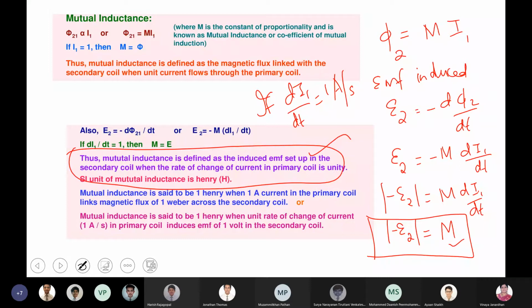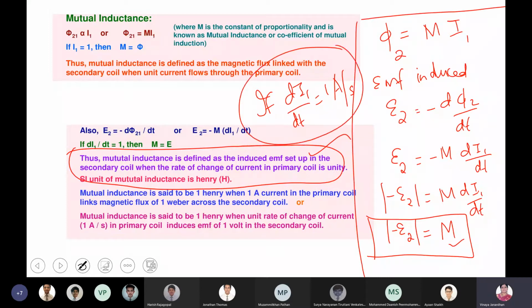Boys, write these steps and then you can copy down the statement. So the unit of the coefficient of mutual induction is Henry. Please do this, boys. Yeah, almost, I need to complete your portion.